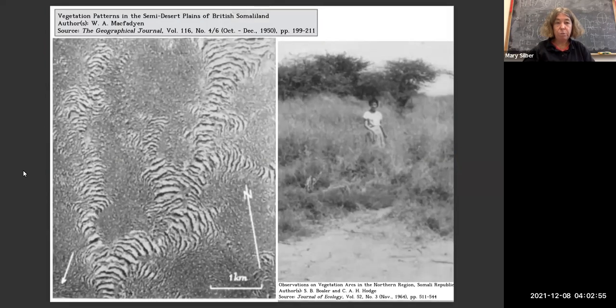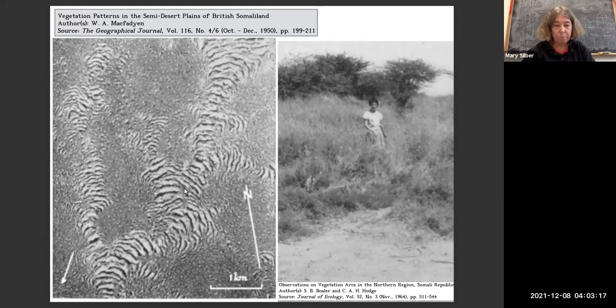This phenomenon was first reported in 1950, and it came to light by people doing aerial surveys of the land. The one on the left is from this paper by McFadden. Here again, we see the stripes of vegetation and the bare soil.